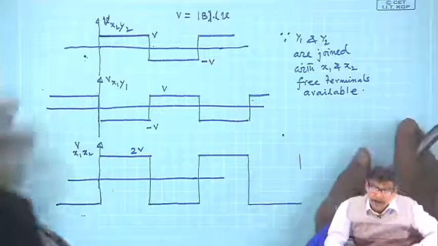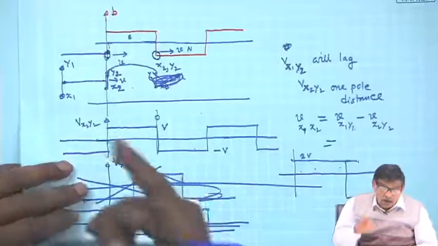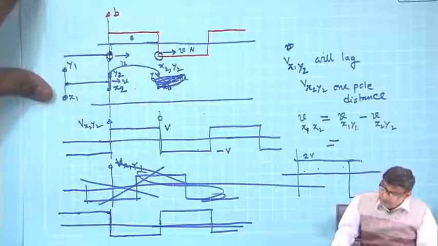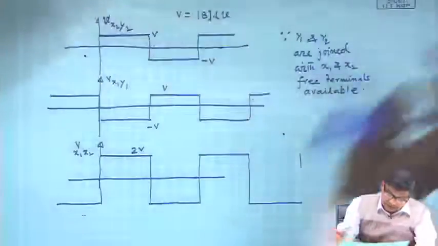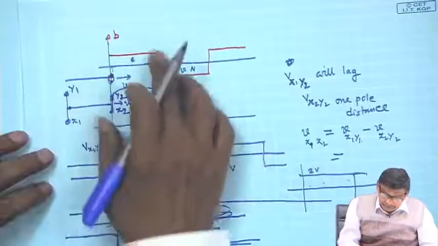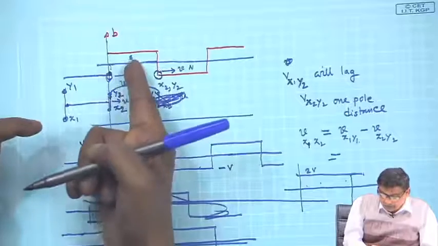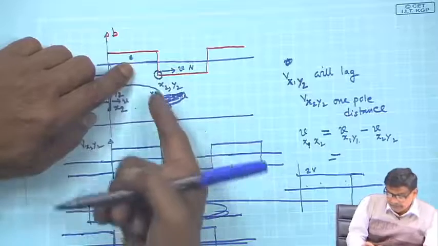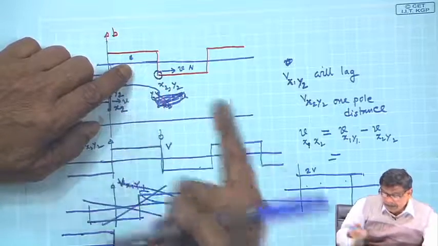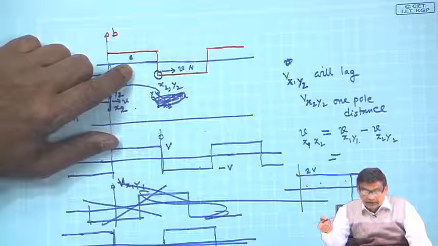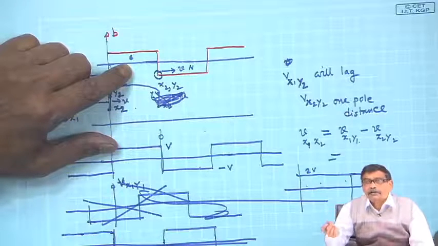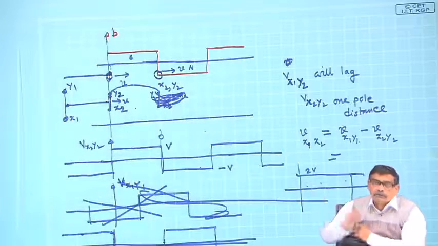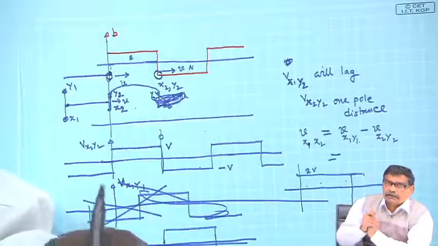Therefore, if you have to make a coil and to get twice the voltage, you have to ensure one thing: whatever is your B distribution, if you place one conductor under the center of that B distribution, suppose south pole, then the other single conductor must be placed under the center of the north pole, and both of them you allow to run at the same velocity.